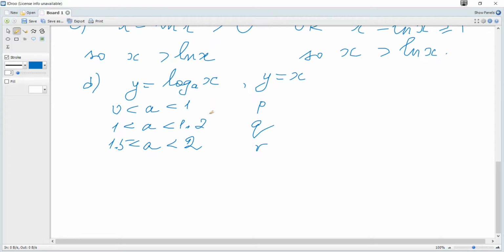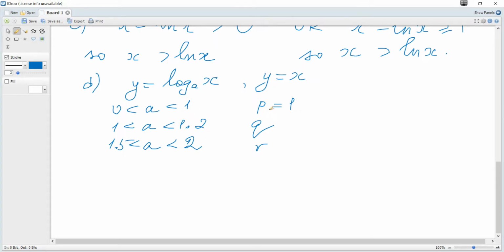Definitely when a is greater than 0 and less than 1, this situation looks like this: such a log looks like this, and y is x looks like this, and definitely there is only one point of intersection. But let's check with the calculator, or you may deduce directly from a calculator.